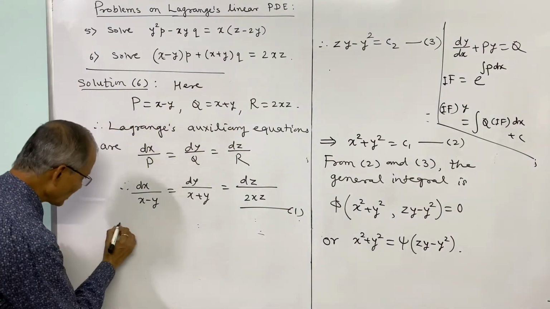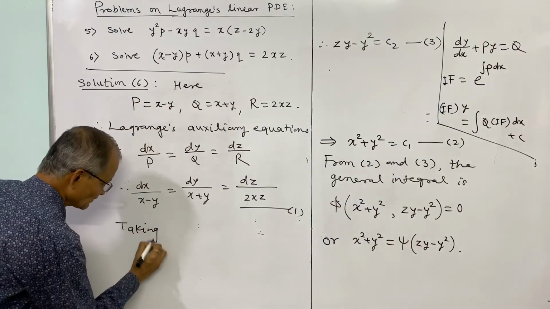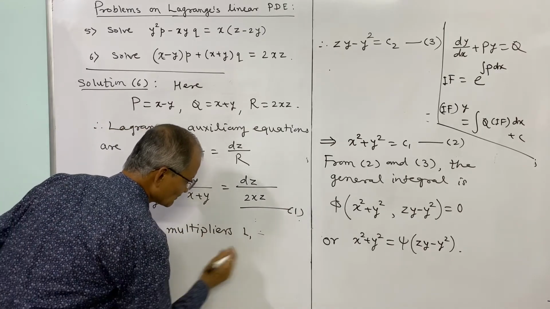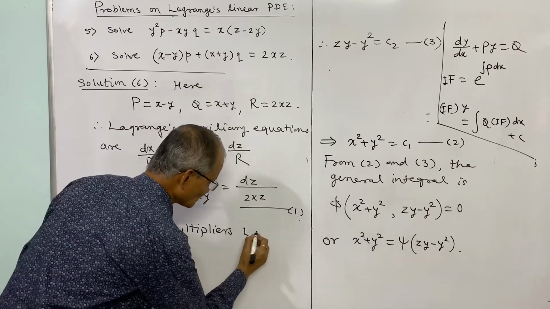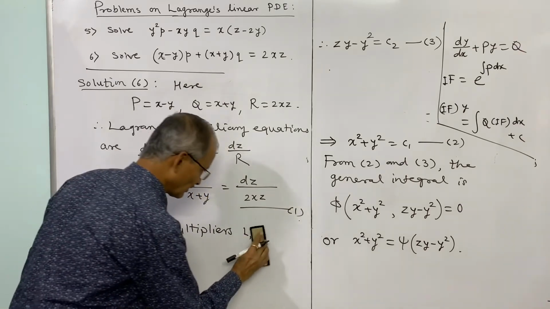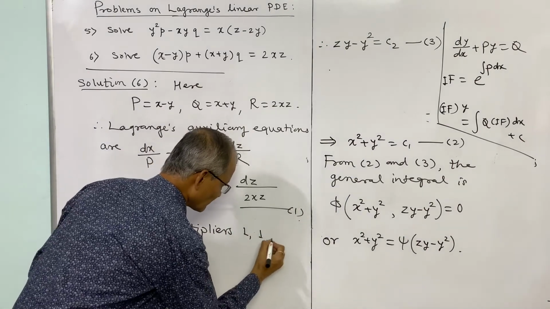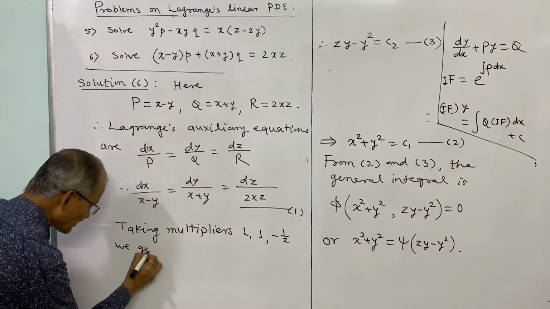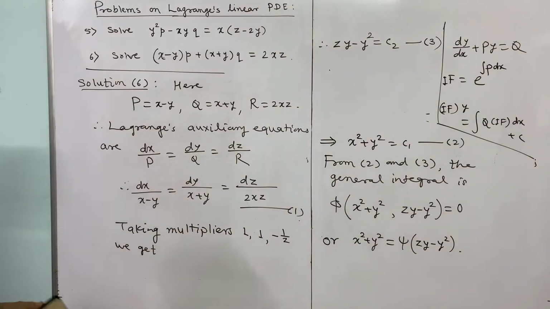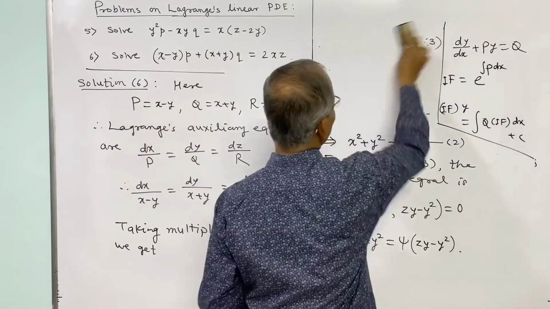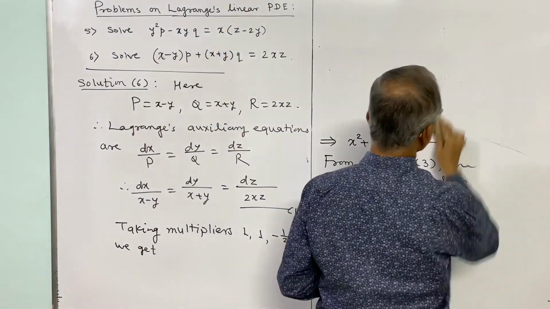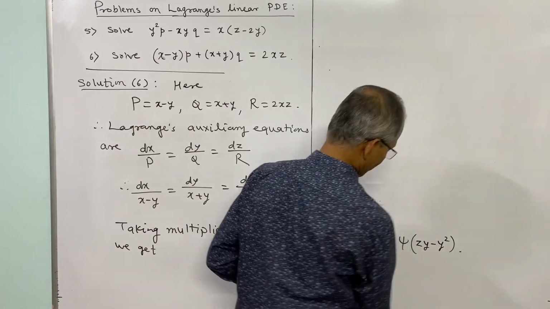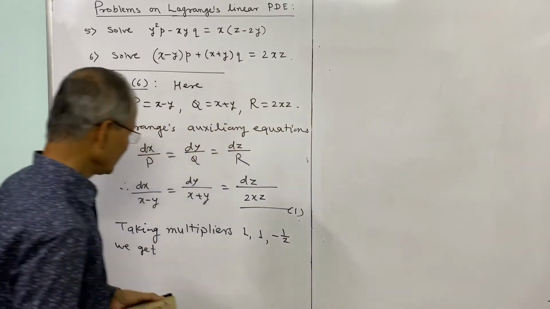So first, taking multipliers 1, 1 and minus 1 upon z, we get each ratio.